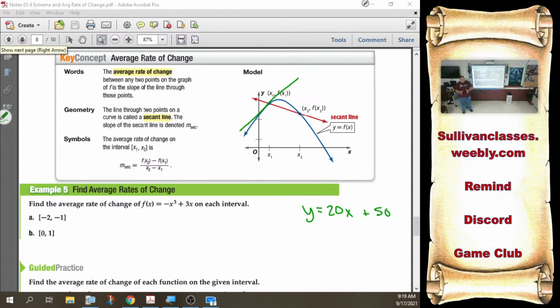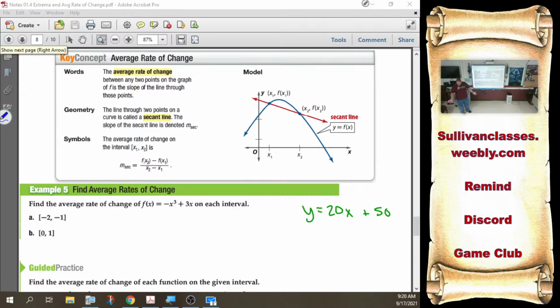So we know that slope is rate of change. What happens when you have an entire curved graph and that slope keeps changing? Because the rate here is not the rate here. The rate here is completely different, right? So that rate of change is going to keep changing between any 2 points. So all I can do is find the average rate of change.